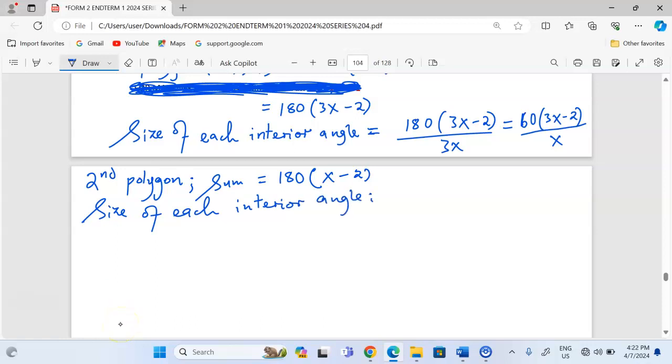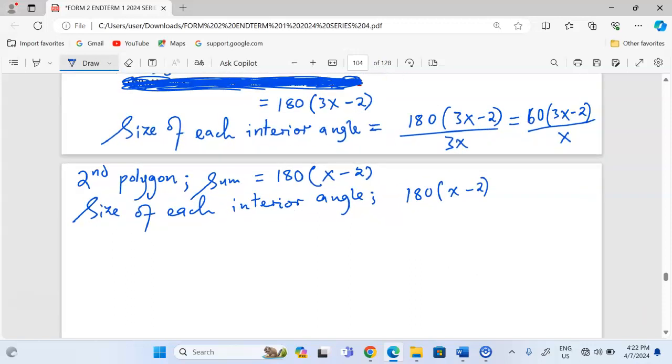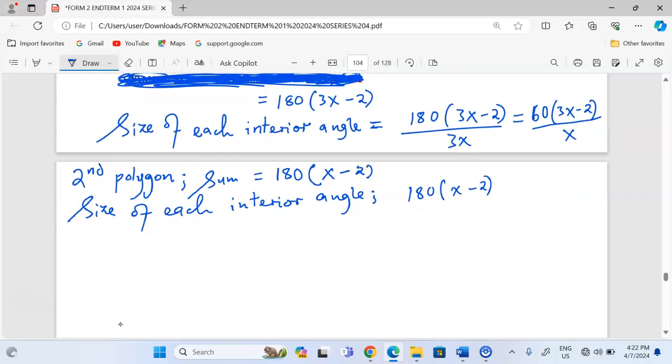The size of each interior angle is going to be 180 into x minus 2, the sum of all the angles, divided by the number of angles. There are x in this case.